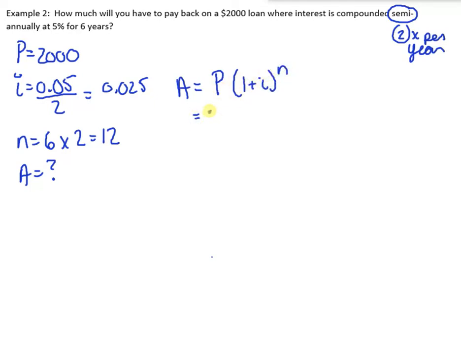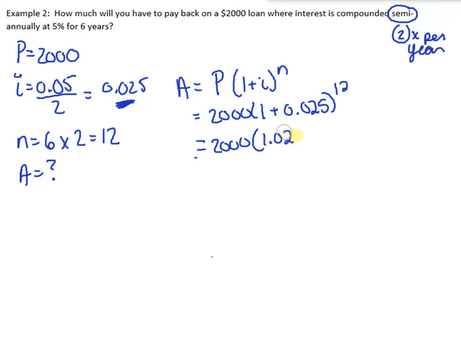Okay, so the principal is 2,000, and we're going to do 1 plus 0.025, so our new interest rate there, and then we're going to raise it to the exponent n. Again, we have to do brackets first, 1.025, and then let's calculate 1.025 raised to the exponent 12.